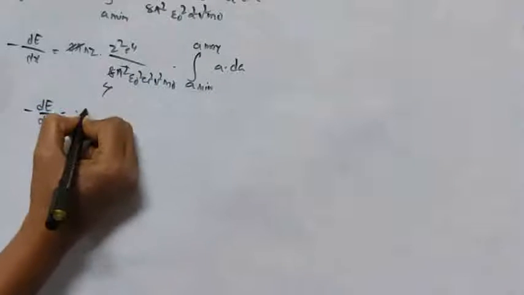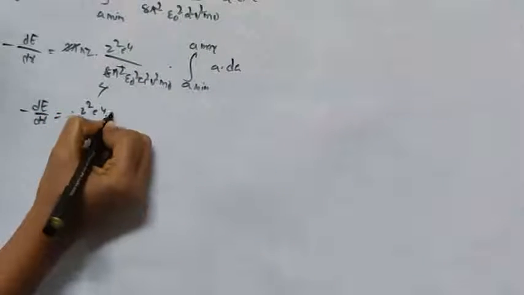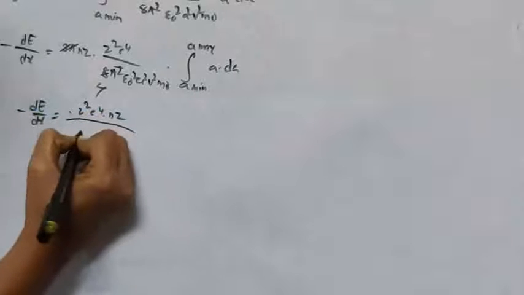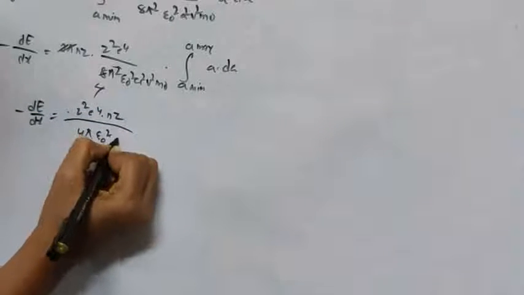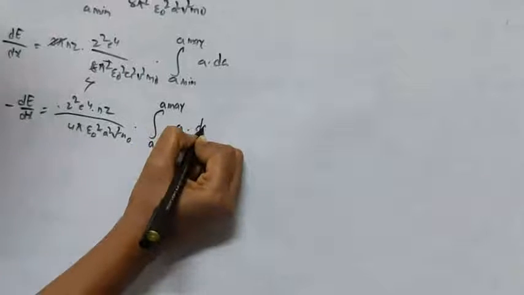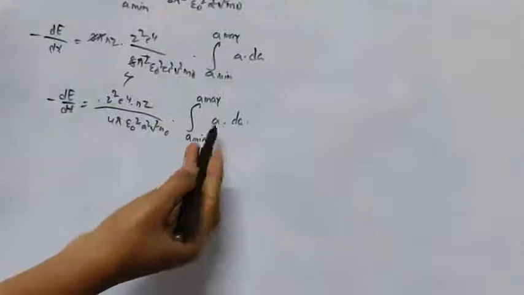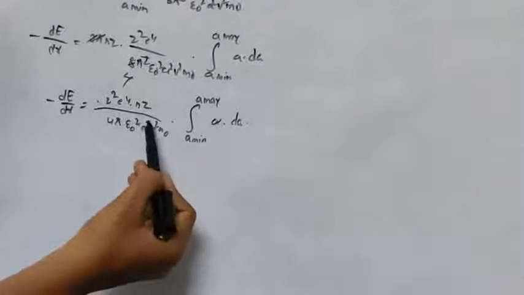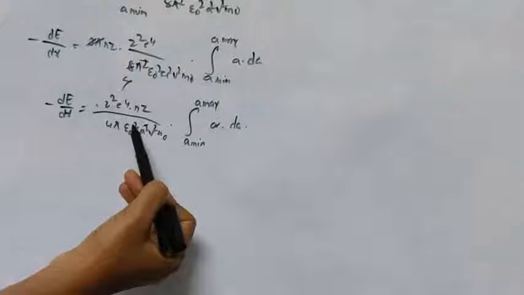That is minus dE by dx is equal to z square e power 4 into nz by 4 pi epsilon naught square a square v square m naught into integral a minimum to a maximum a into dA. Now here also a and square get cancelled, and the remaining terms I am going to write.